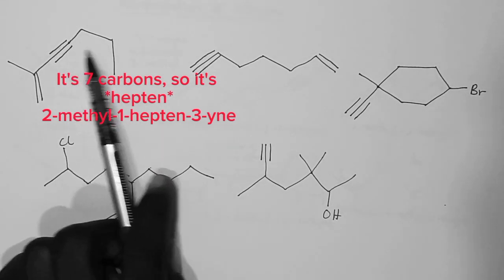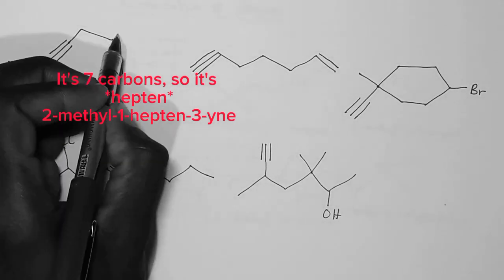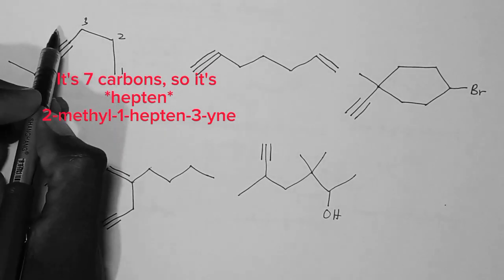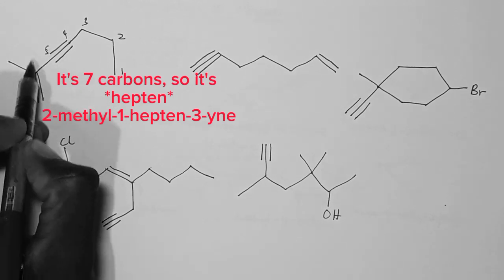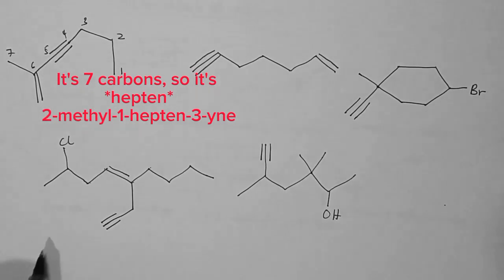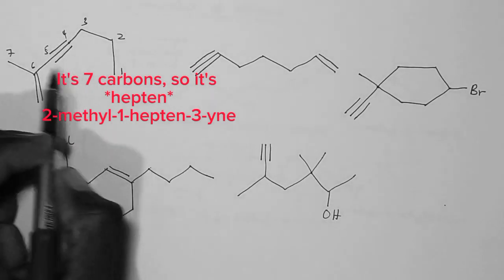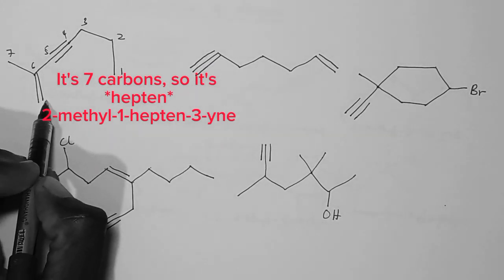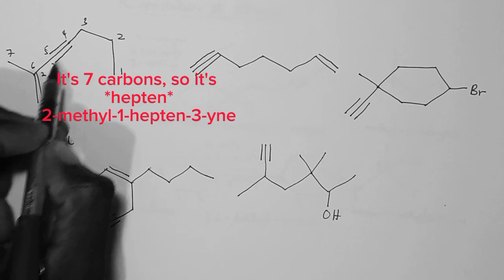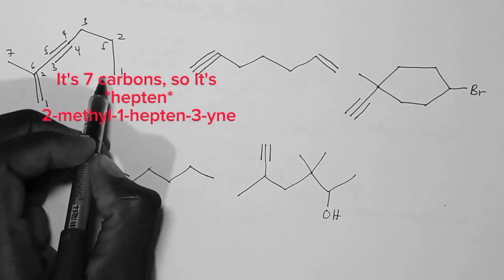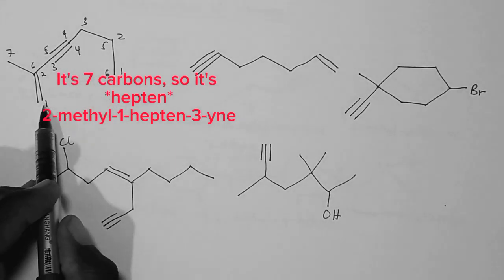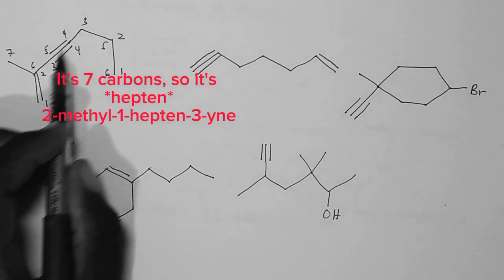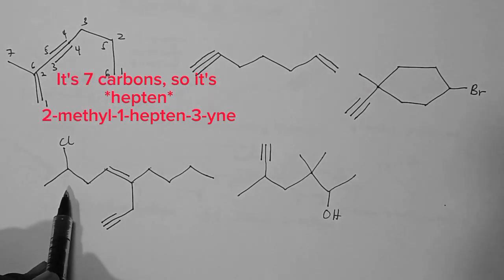If we start from here, 1, 2, 3, 4, 5, 6, and then carbon number 7, the alkyne is on carbon number 4. But if we start from here, 1, 2, 3, 4, 5, and 6, the alkene is on carbon number 1, and therefore this is the correct order of numbering.